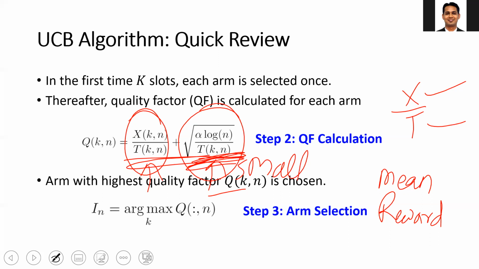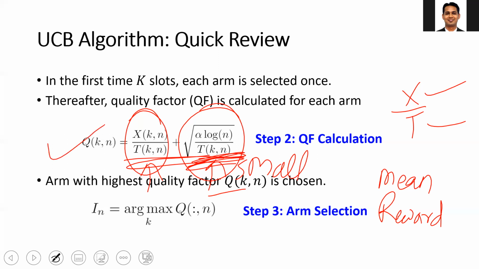Then you play this arm, you get the feedback which is the Rn, and you update your X and T. Then in the next time slot, you find out the quality factors, select the arm with the highest quality factor, get the reward, update the X and T, and this process will repeat till the end of the horizon. So this is one way of calculating the quality factor.